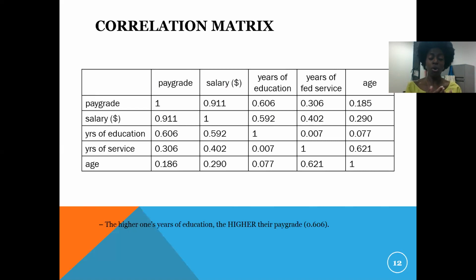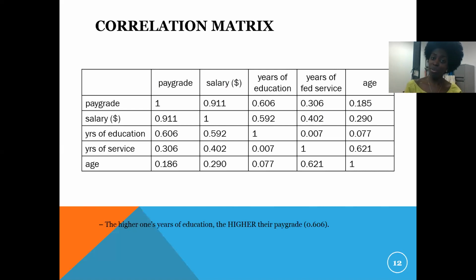That makes a whole lot more sense than someone saying, oh, did you know that education and pay grade are a positive, strong relationship? Thanks. I don't know what that means, but thank you.